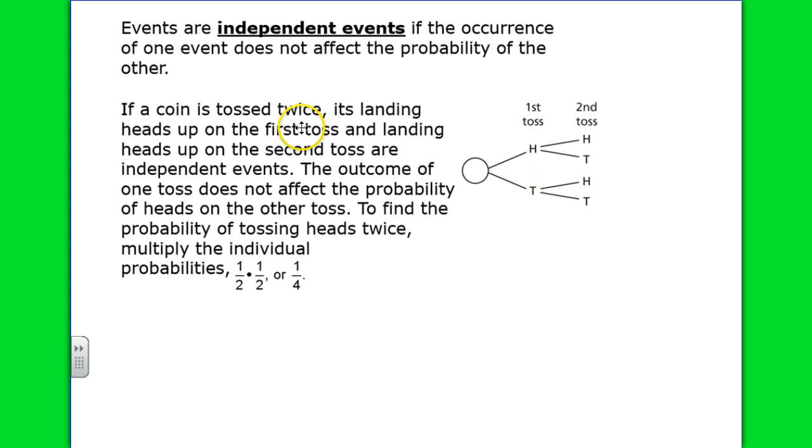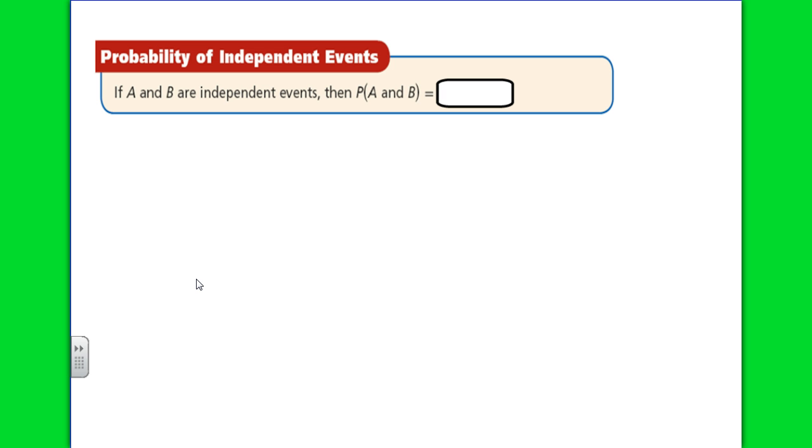If a coin is tossed twice, landing heads up on the first toss and landing heads up on the second toss are independent events. The outcome of one does not affect the probability of the other. So to find the probability of tossing heads twice, we multiply the individual probabilities, which we've already used in this chapter, right? 1/2 times 1/2, or 1/4 of the time.